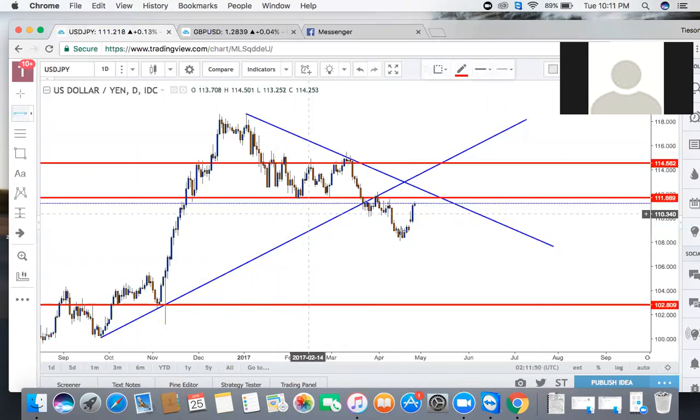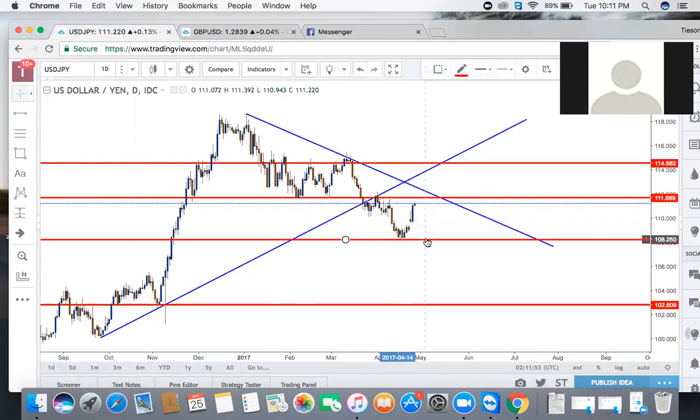And anytime price reverses, I always like to think that is somewhat of a previous support, because as you can see, it was in a strong downtrend and then it reversed. So I'm assuming that this was probably a key Fibonacci level, probably like a -27 or a 61.8 or something like that.